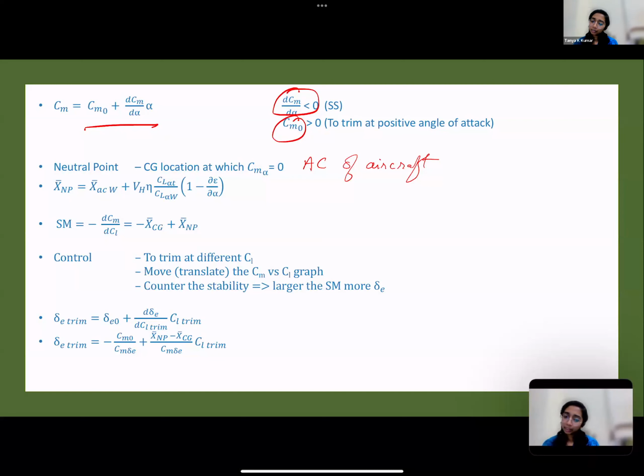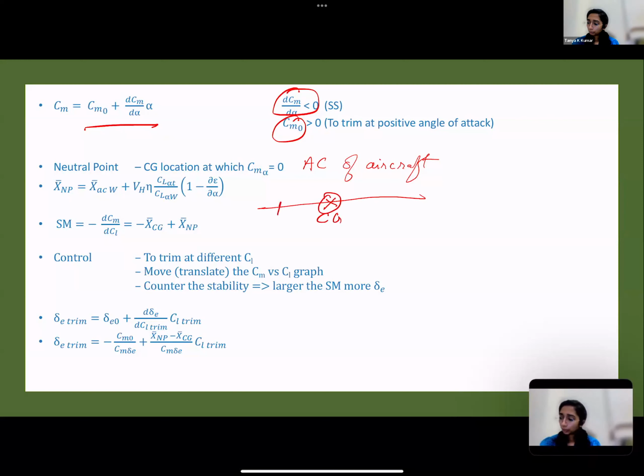For a stable aircraft, will the neutral point be ahead of the CG or behind the CG? So your aircraft is something like this, this is your fuselage reference line, this is your CG.